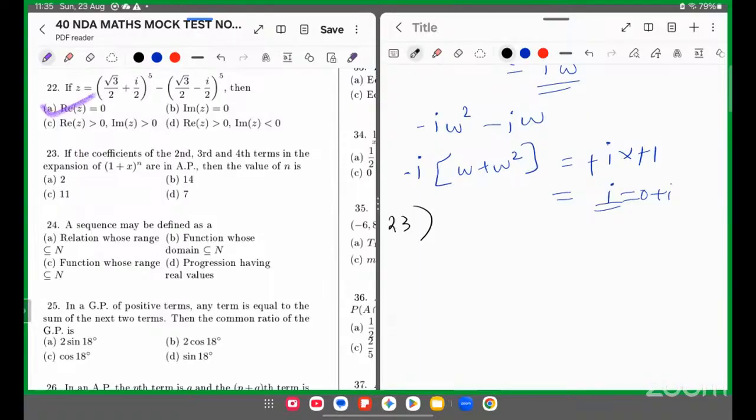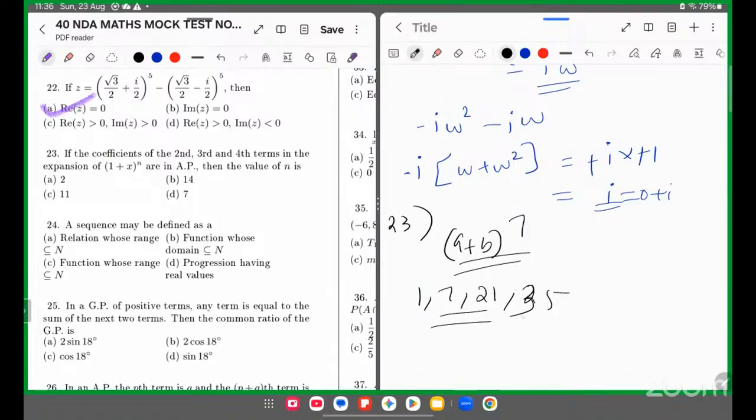Here you can use Pascal's triangle. When you consider the expansion of (a plus b) raised to 7, the coefficients are 1, 7, 21, 35.